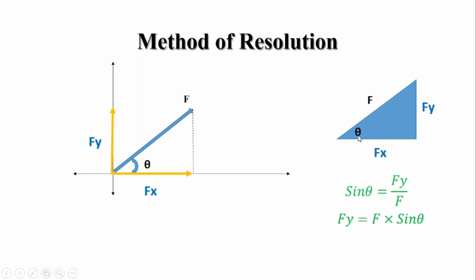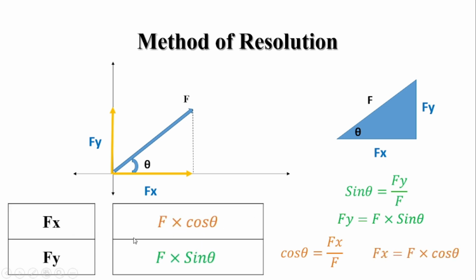Now we'll use the cos relation. Cos theta is equal to adjacent side upon hypotenuse. So cos theta is equal to adjacent side Fx over hypotenuse F. So Fx can be easily calculated: Fx is equal to F cos theta. So we can put it in table format. Fx is equal to F cos theta, Fy is equal to F sin theta.